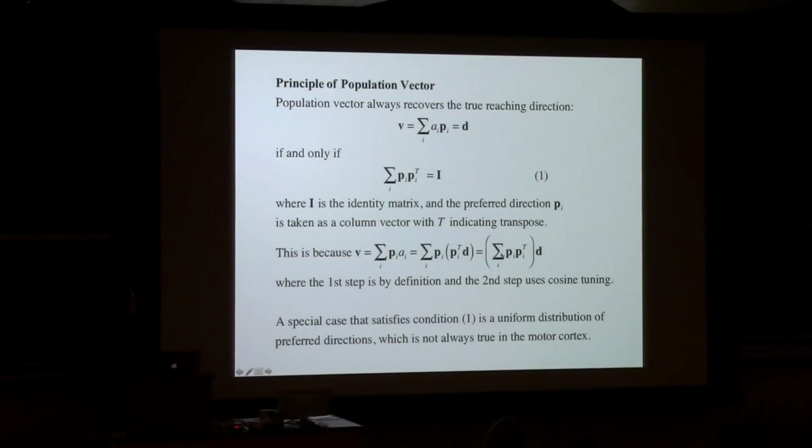So you can get d outside of the summation. You can see that if and only if whatever the sum inside the parenthesis is the identity matrix, they become equal. It doesn't have to be equal. It can be proportional, and that's also okay, right?